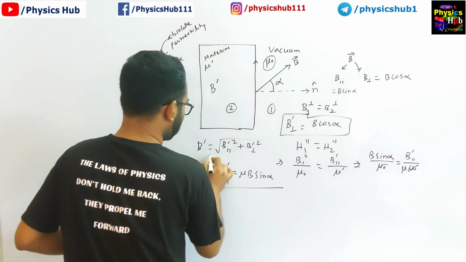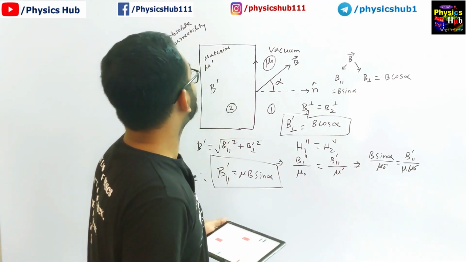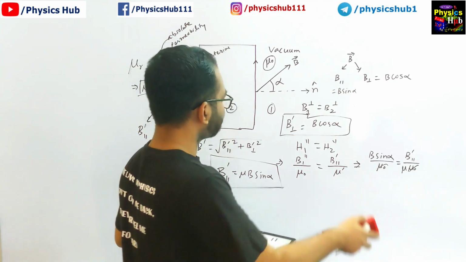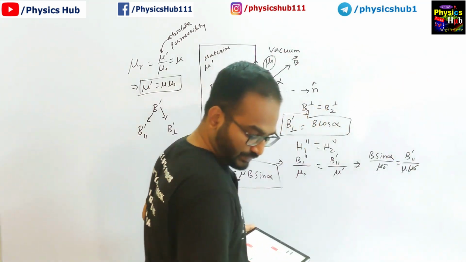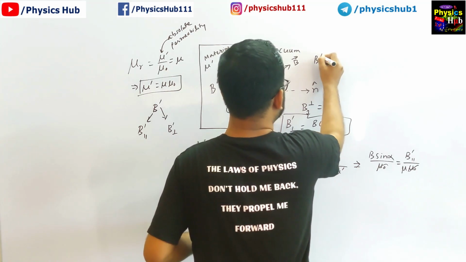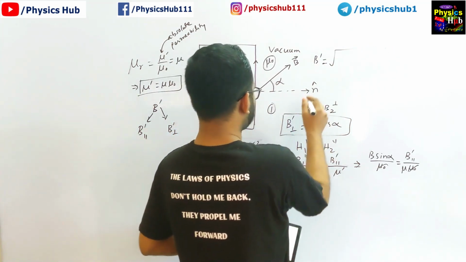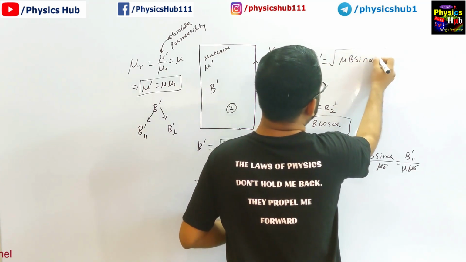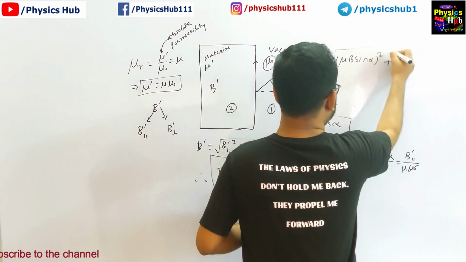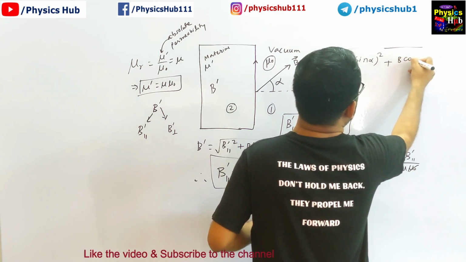Now we have got both the components, parallel and perpendicular. It is the time to add them up to get the actual value or the magnitude. So B prime is equal to square root of B parallel square, so (mu B sin alpha) whole square, plus perpendicular is B cos alpha, so B square cos square alpha.